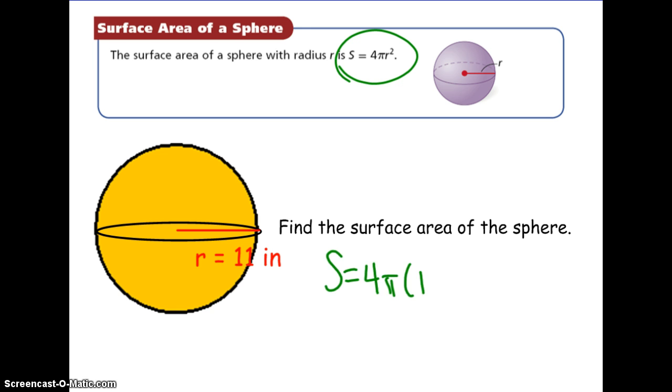So all you have to do is plug in 11 for your radius. 4 pi times 11 squared. So then I type this in my calculator. I get 484 pi inches squared. The directions were not given as far as leave in terms of pi or round to the nearest decimal, so we'll just leave it in terms of pi because that's the most accurate answer.